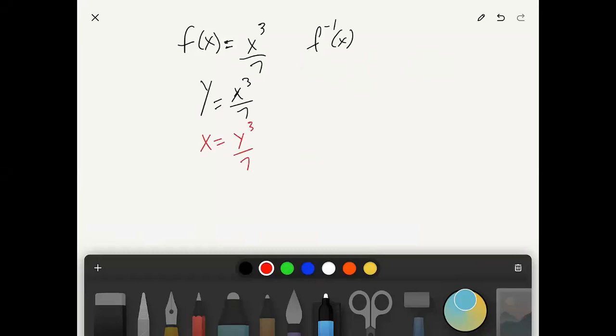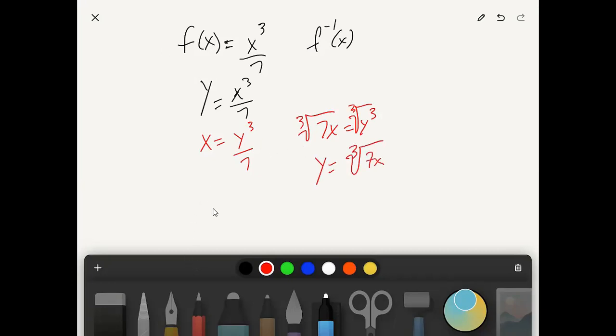This is a pretty straightforward one. You would cross multiply by 7, so this will be 7x equals y to the third. And then you take the cube root of both sides, and you're going to have y equals the cube root of 7x. And that would be it.